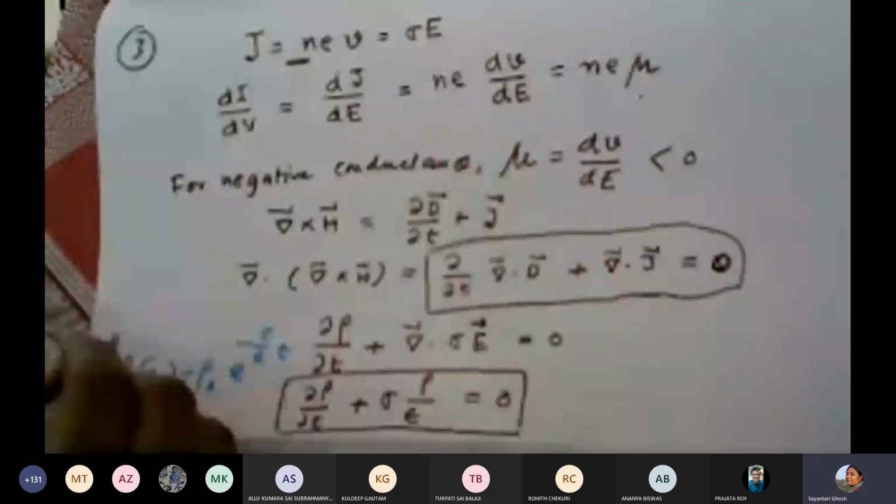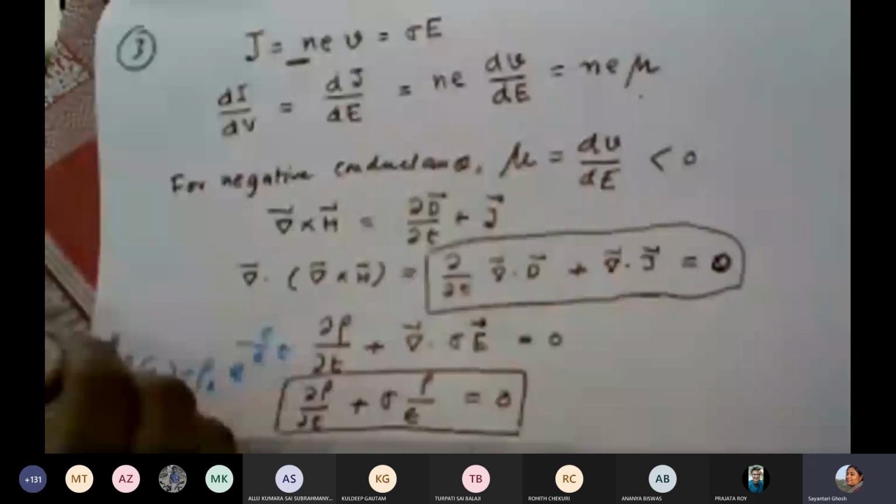What is the catch? You have here sigma by epsilon. Can I relate this sigma with my mu, the mobility? Just look at the equations that are written on top of this page and tell me how I can incorporate mu inside this exponential expression, rho t is equal to rho 0 e to the power minus sigma by epsilon times t.